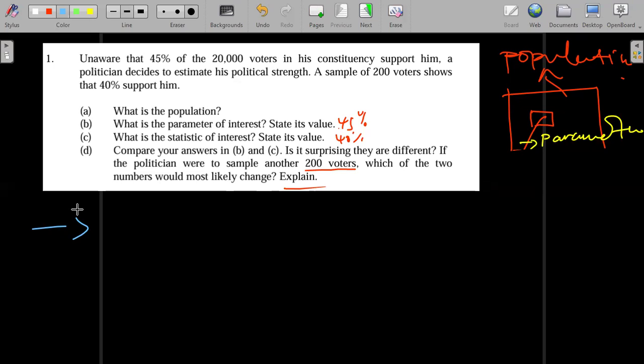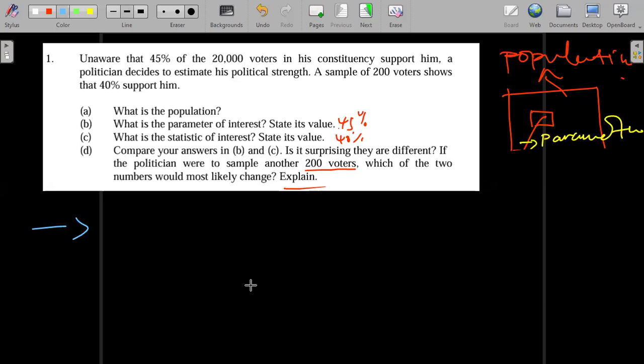Can I attempt? Yes, you can, sir. From my own perspective, I feel like the reason why they are different is about which of them would likely change if we were to add another 200 voters. I think the sample would change, because a sample basically just describes the characteristics of a group in a population, meaning that there are other characteristics remaining to be described.